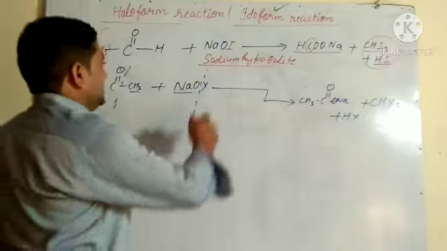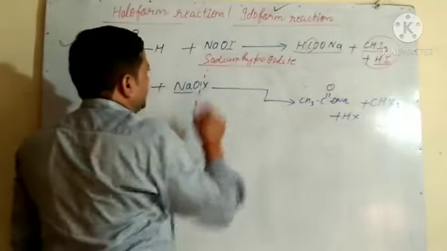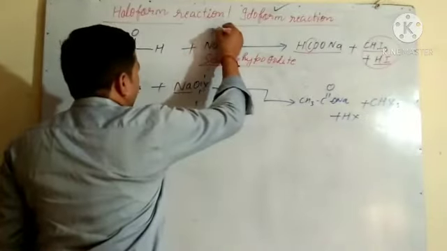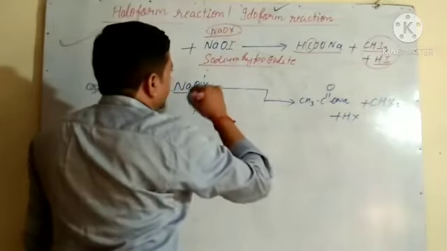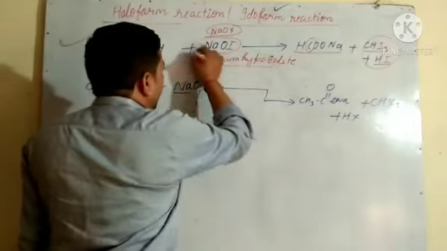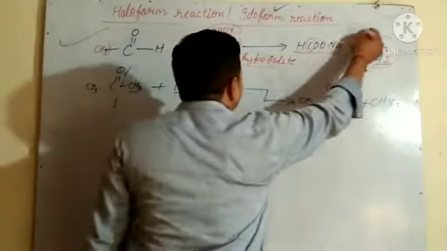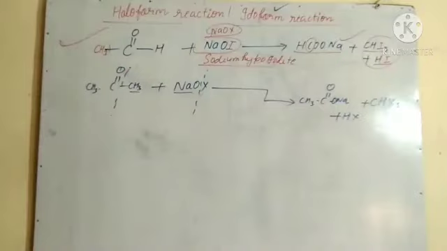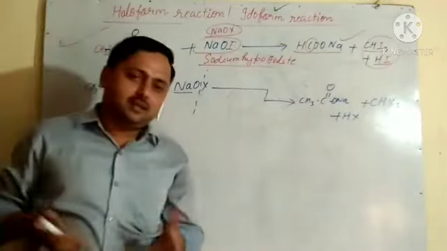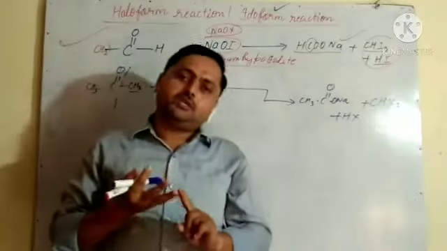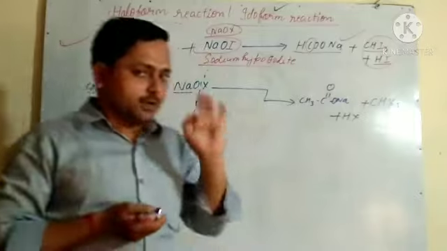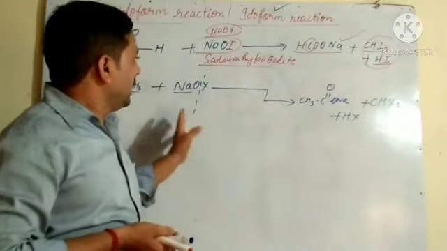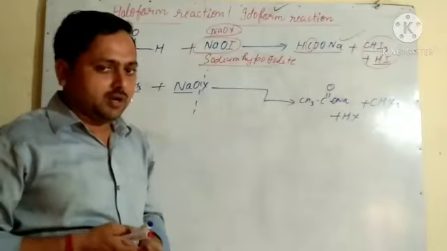So if instead of NaOX, sodium hypohalite, I take sodium hypoiodide, this reaction is known as the iodoform reaction. What we have discussed here is that a carbonyl compound in which at least one methyl group is bonded to the carbonyl carbon gives the haloform reaction or iodoform reaction.